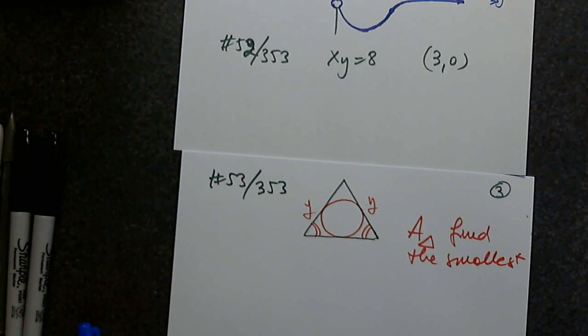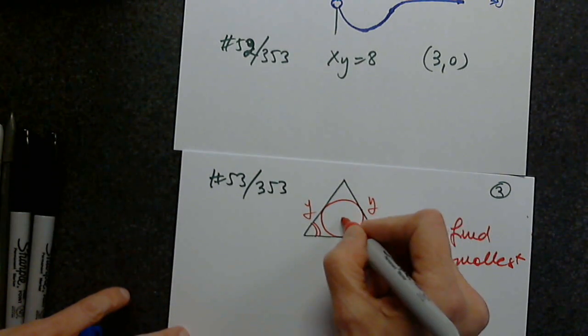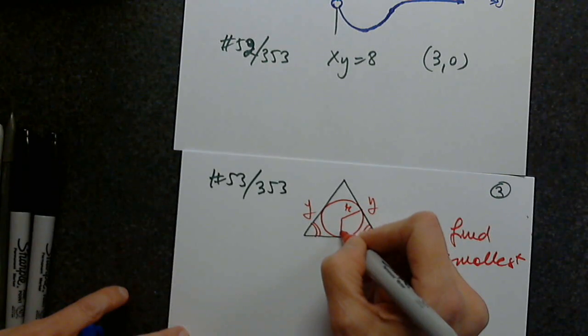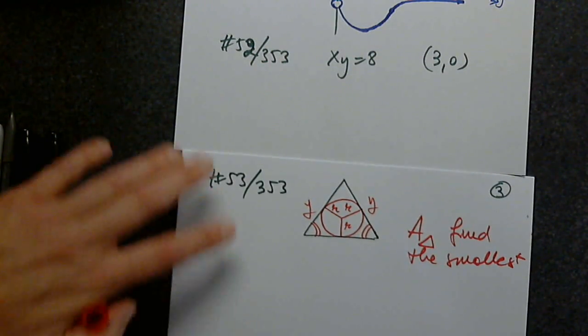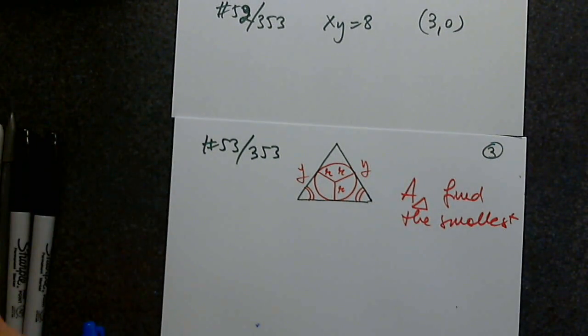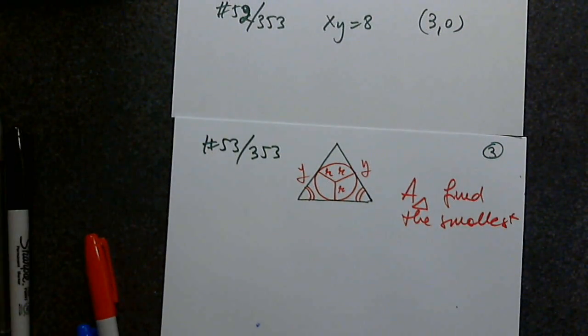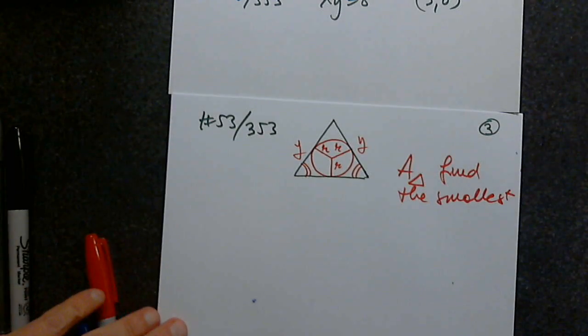Right? And we're told that the radius is r. Maybe the way I drew it, it gives you the impression that this is an equilateral.